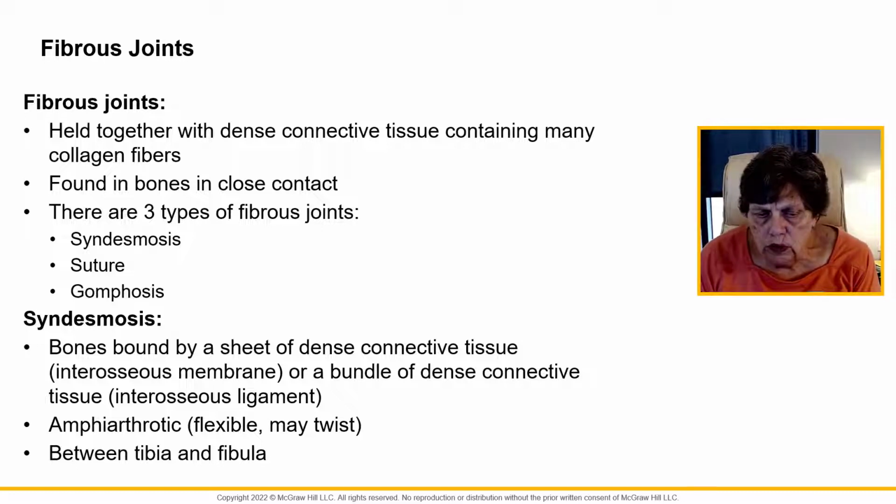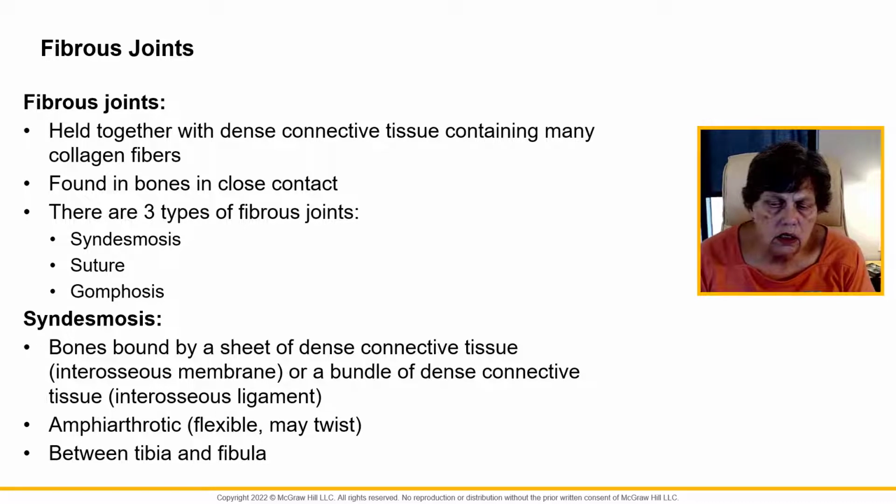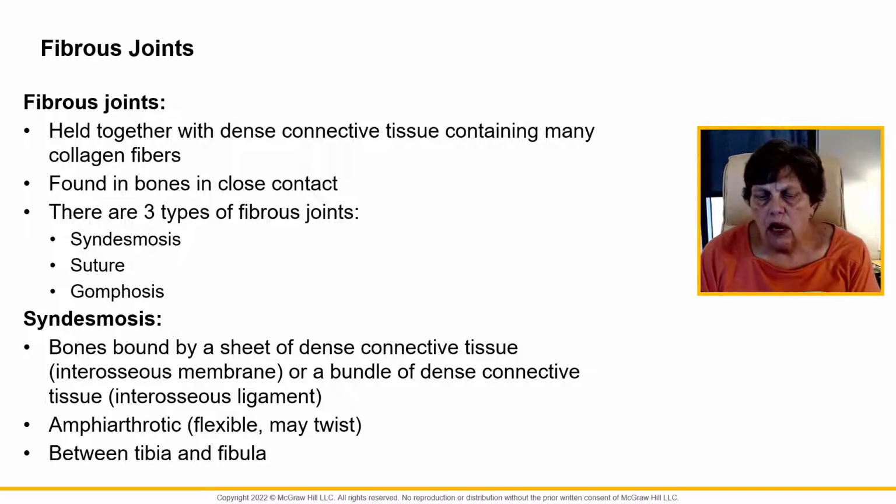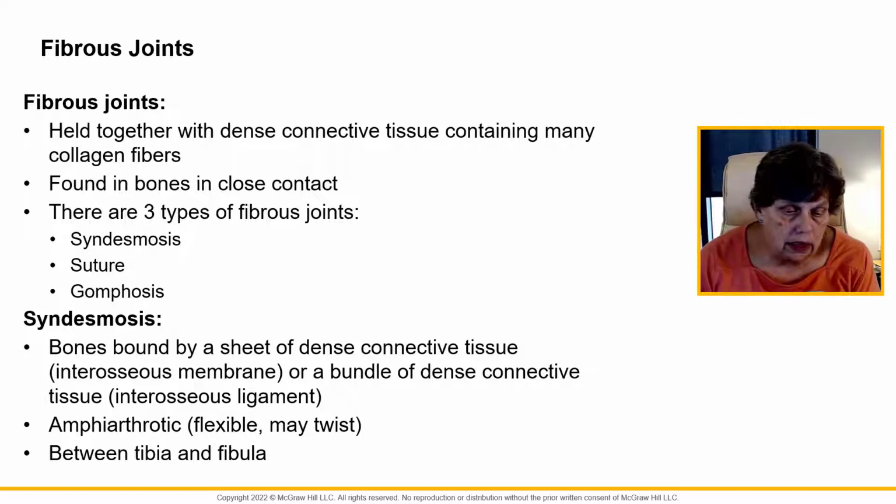The syndesmosis, these bones are bound by a sheet of dense connective tissue, or what we call the interosseous membrane, or a bunch of dense connective tissue, basically a ligament. These are amphiarthrotic, which means they are flexible.